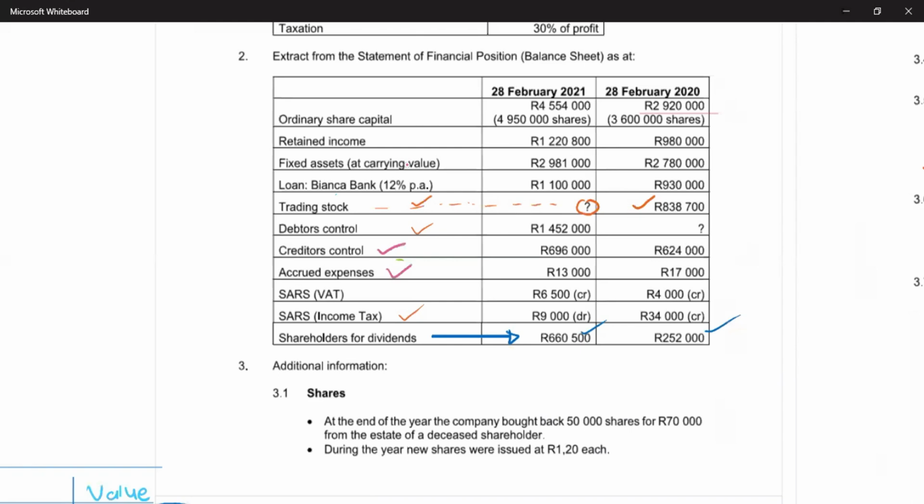SARS, if it's a credit balance, you owe SARS money. So this is a current liability. So in this instance, my current liabilities are 3, as well as my shareholders for dividends. Remember, shareholders for dividends is a current liability. Okay, there are 4, and I have all of those 4 balances, right? So I can just simply add them.